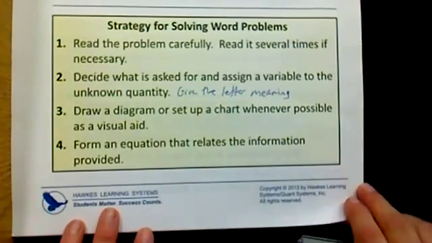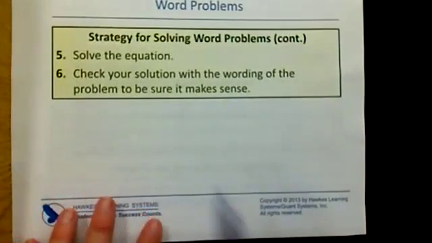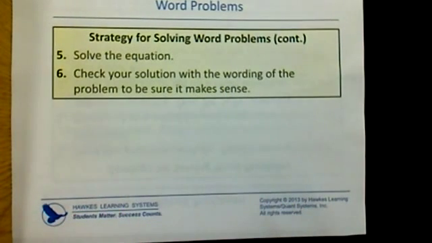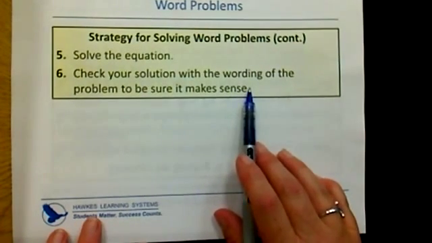Then solve the equation, and finally check the solution with the wording of the problem, be sure it makes sense. So if you end up with a negative and you're looking for distance, that negative answer you can kick out. You don't have to use that, okay? So make sure you take that into consideration, so that you don't end up using a negative for your answer.